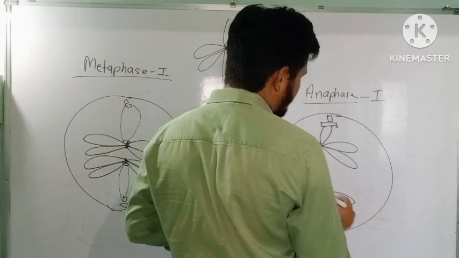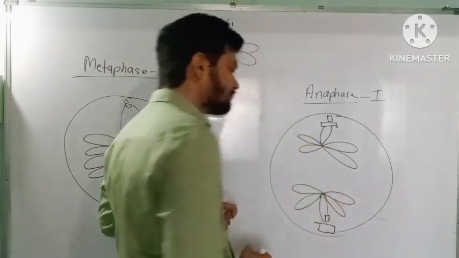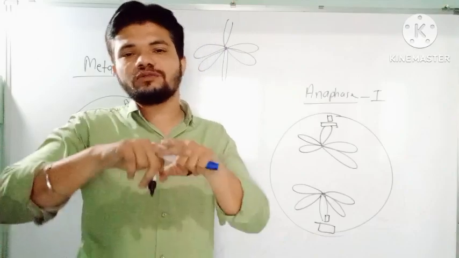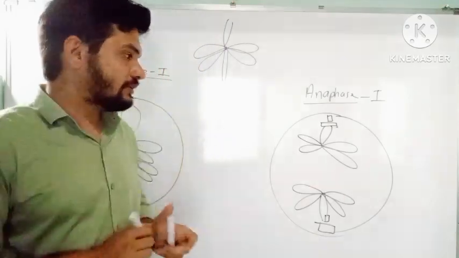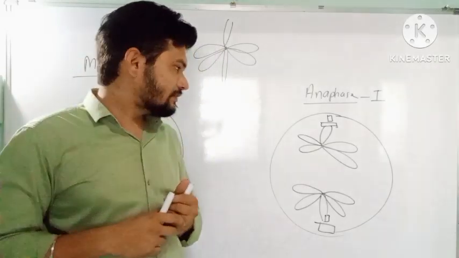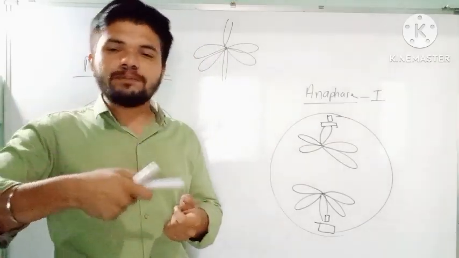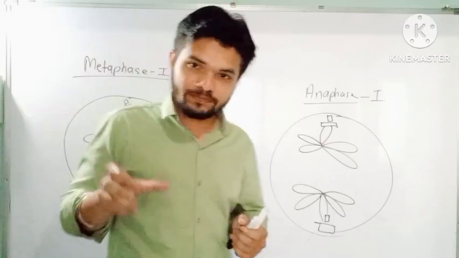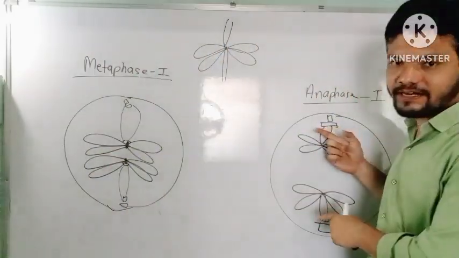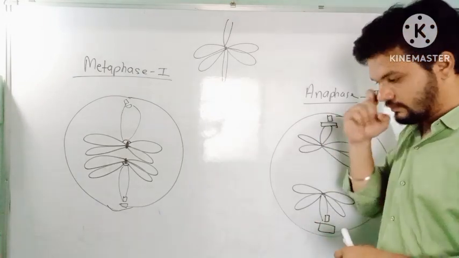So what happened? Spindle fibers are pulling these homologous chromosomes away from each other towards the poles of the cell. So chromosomes are pulled to the poles of the cell and they are getting separated here in the anaphase.